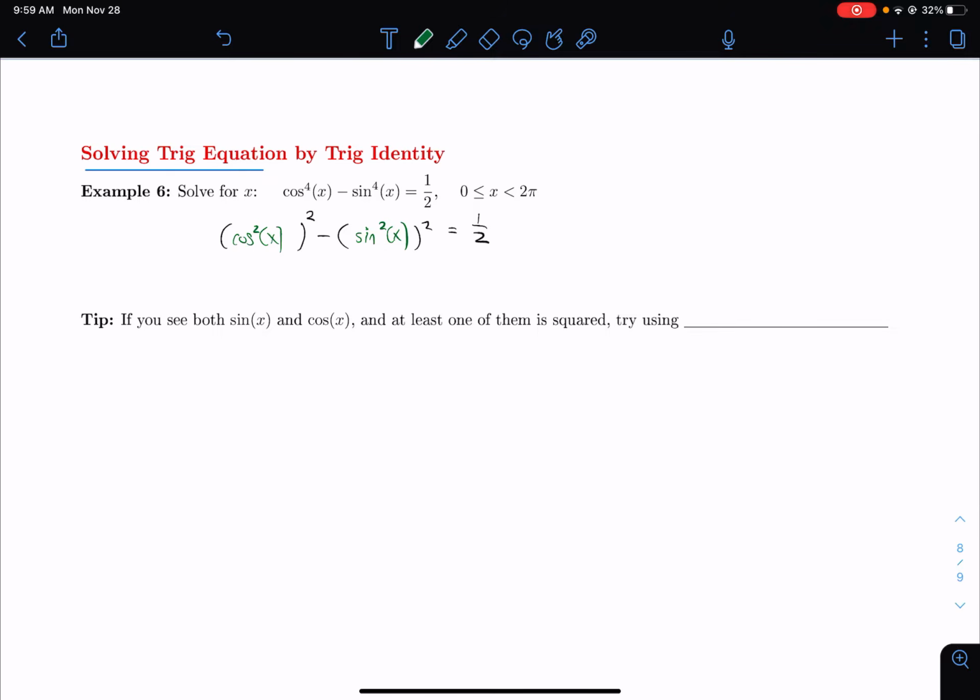Okay, because now I have a difference of squares. So I can factor my difference of squares. That'll give me something minus something, and then something plus something equals 1/2. Within the parentheses, we'll get the first term, cosine squared x, minus the second term, sine squared x. And in the second parentheses, we'll get cosine squared x plus sine squared x.